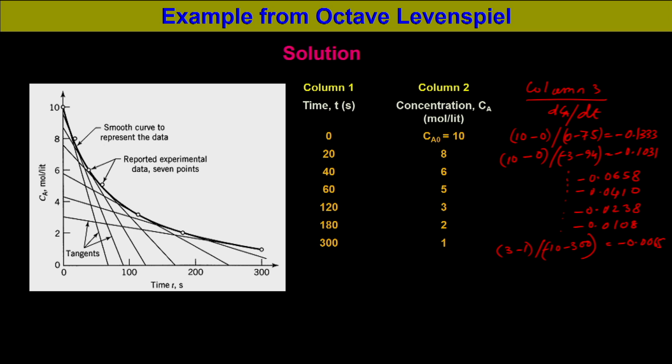So, these are the dCA dt values. From this concentration versus time plot we can draw different tangents and we can calculate different dCA dt.